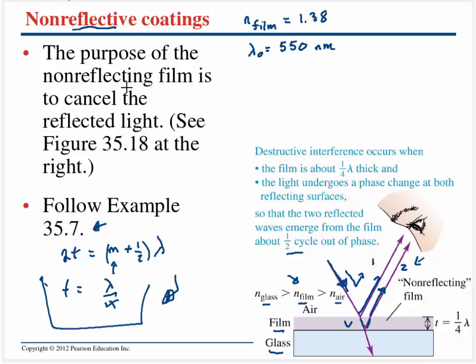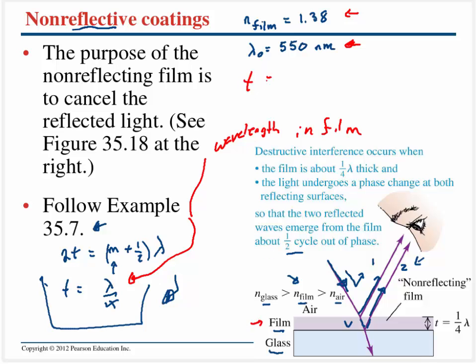Now, if we were to follow example 35.8 or 35.7, one thing to be very careful to note is that this is going to be the wavelength in the film. So if we knew the index of refraction of the film, and the light incident upon it is 550 nanometers, how thick does this film have to be for the thinnest film?